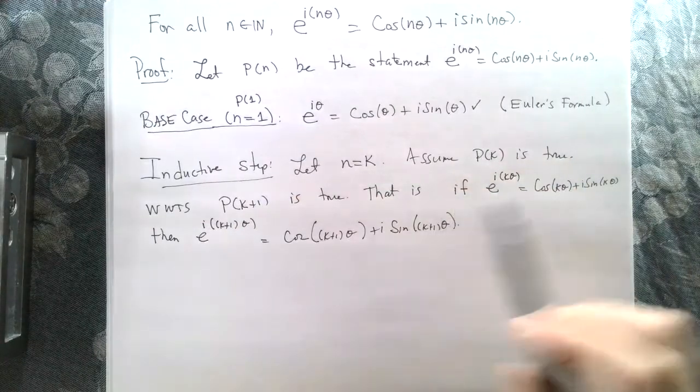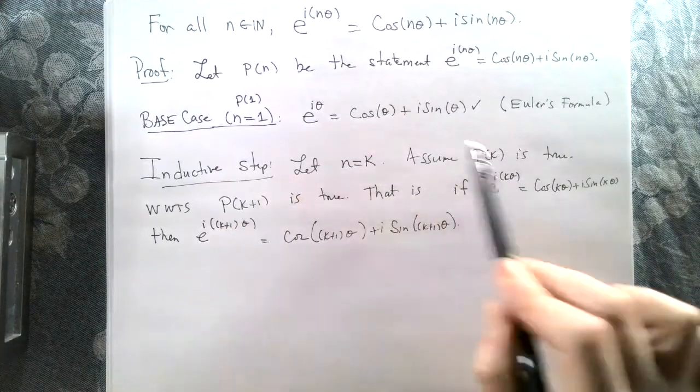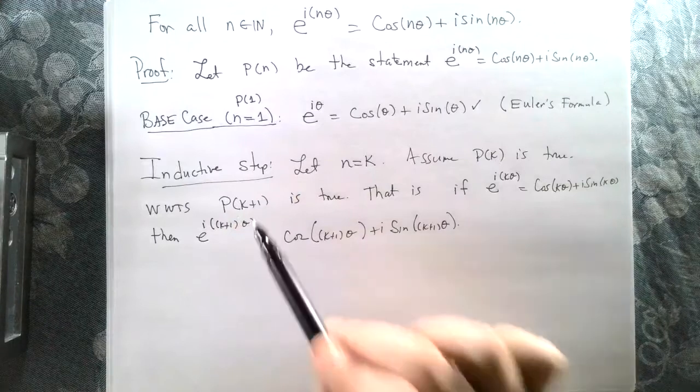Okay, so here we have a conditional. We want to assume P of k is true, and we'll use this inductive hypothesis to show that P of k plus 1 is true.